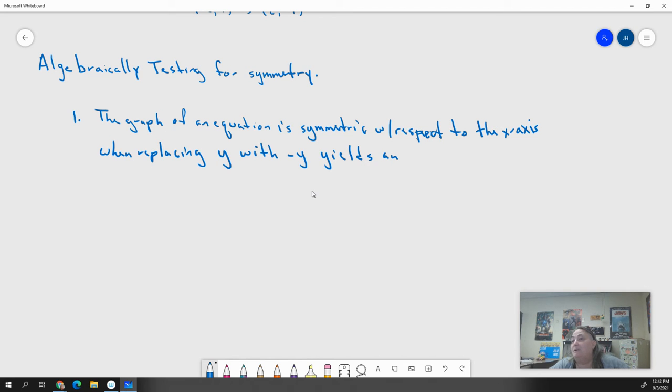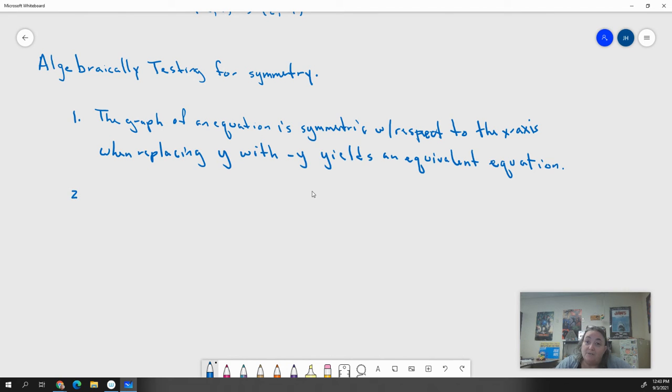Boy, my handwriting is looking terrible. I apologize for that. That's saying that if I take whatever y value I have and I replace it with negative y, and I wind up with the same problem once I solve it through, then it is symmetric about the x-axis.